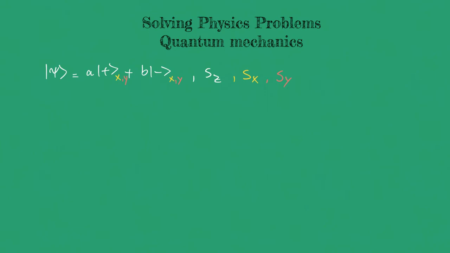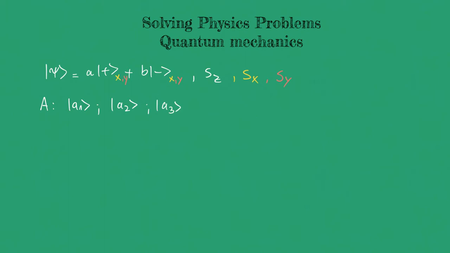Now, let's consider an operator A where its eigenstates are ket A1, ket A2, and ket A3.